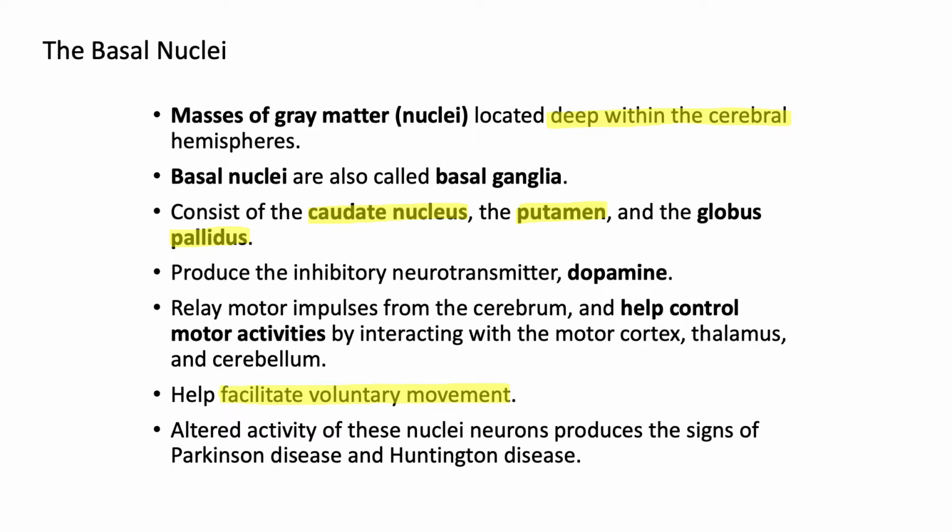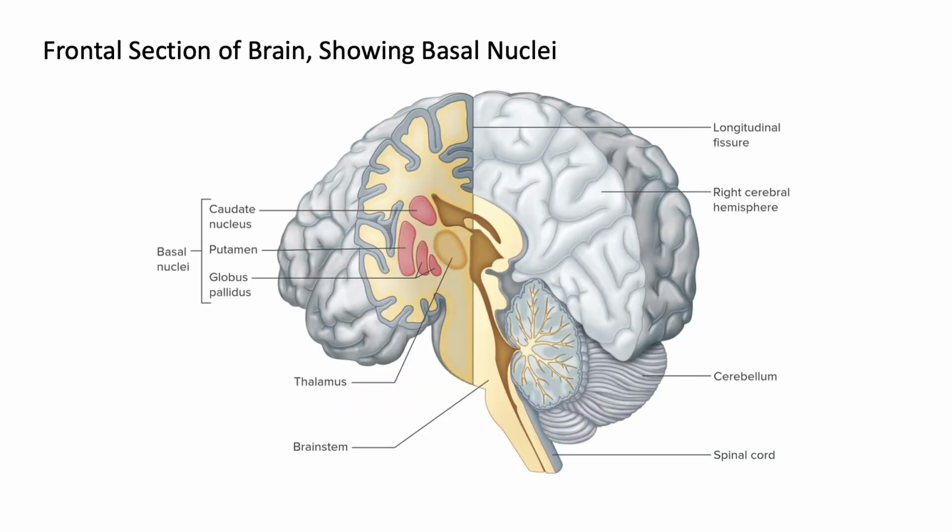If there is an altered activity of these nuclei, this will lead to abnormal movements such as those seen in patients with Parkinson's disease. In this slide, you can see the location of the caudate nucleus, putamen, and globus pallidus in the brain. These 3 structures make up the basal nuclei.